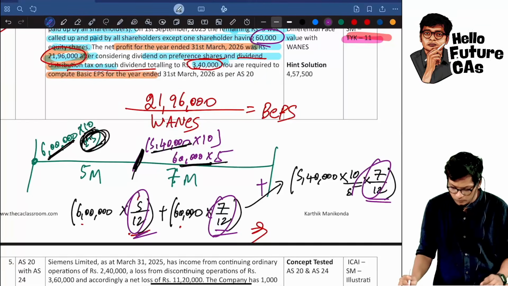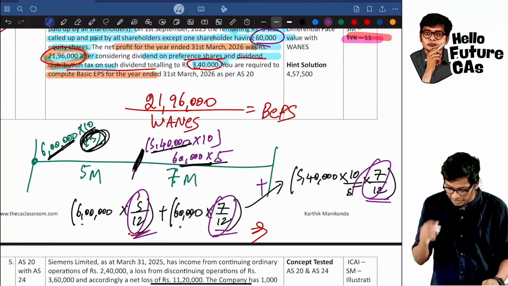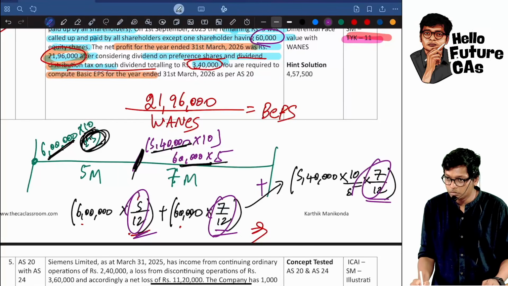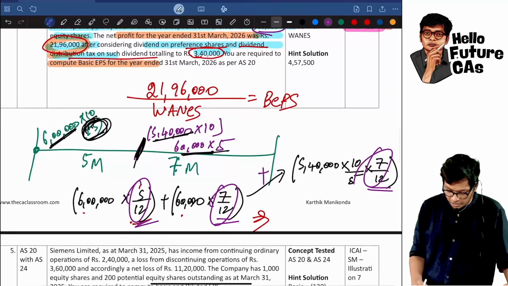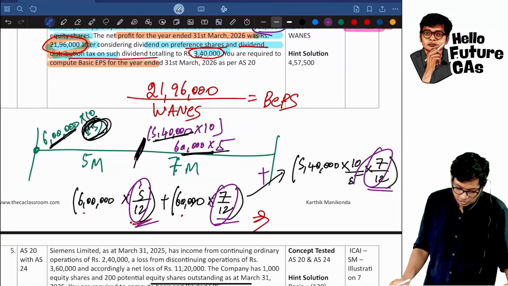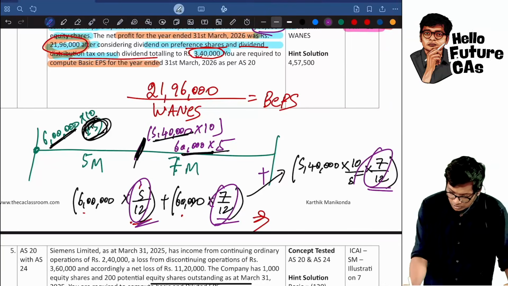Okay. Correct. So what is the total coming here now? No, what is the answer? 9 lakh 15 is not correct. Okay, so if I do it on share basis now, let me just show, see.